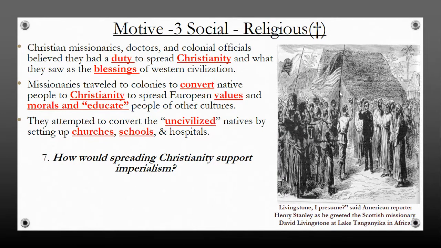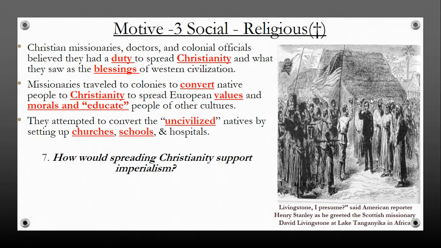Motive three: religion, which falls under the category of social. As you know, Christianity is a major faith that has existed for a very long time in European history. Many Christian missionaries believed it was their duty to spread Christianity to the rest of the world, converting native peoples.